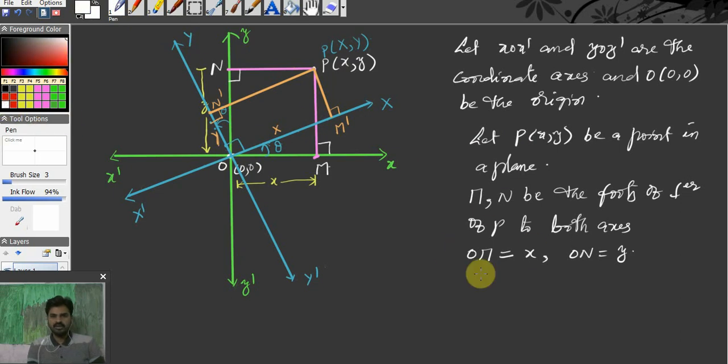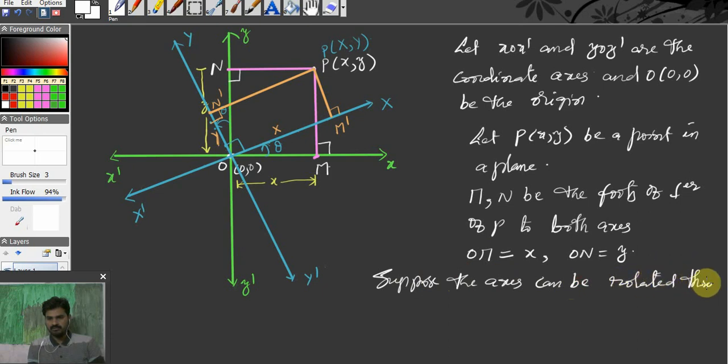Suppose the axes are rotated through an angle theta by rotation of axis.